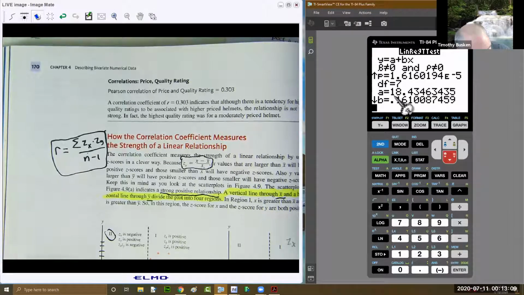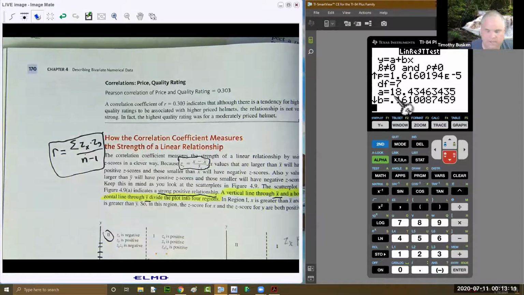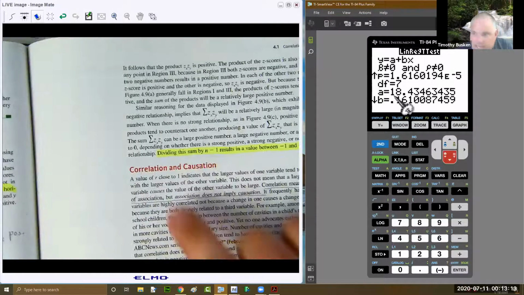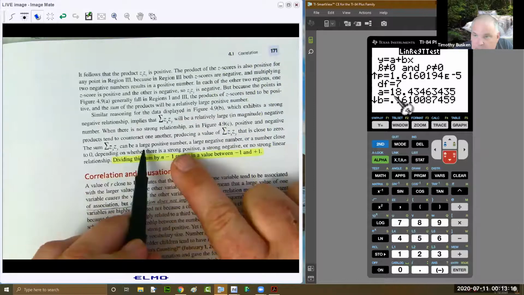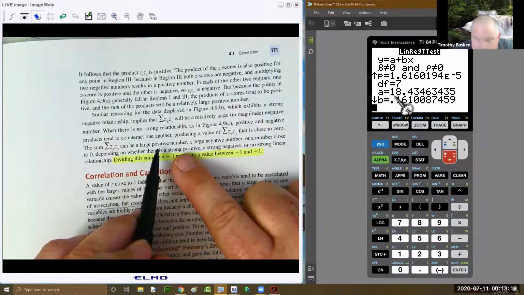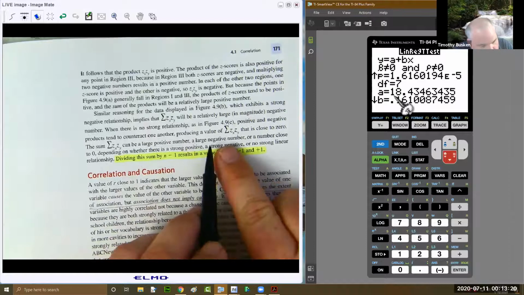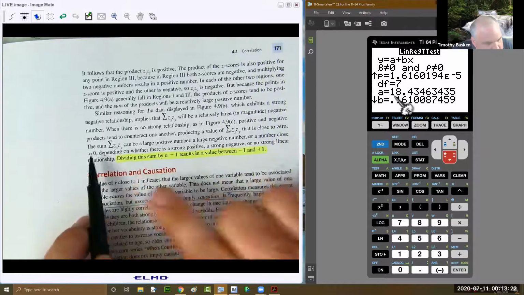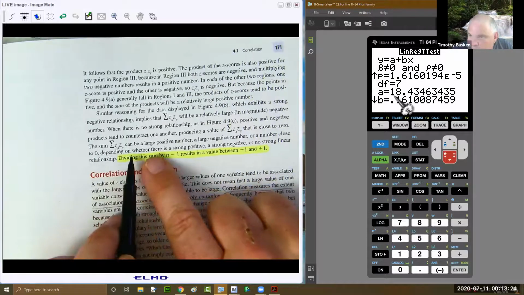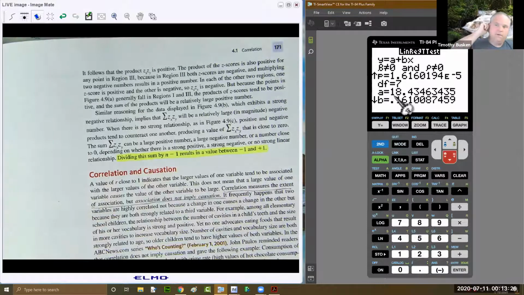So this number in the numerator of the correlation formula can be a really large positive number, larger than 7.75. It can be a really large negative number, or a number close to 0, depending on whether there is a strong positive, strong negative, or no strong linear relationship whatsoever.